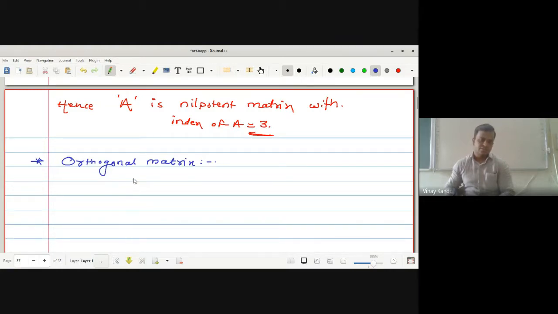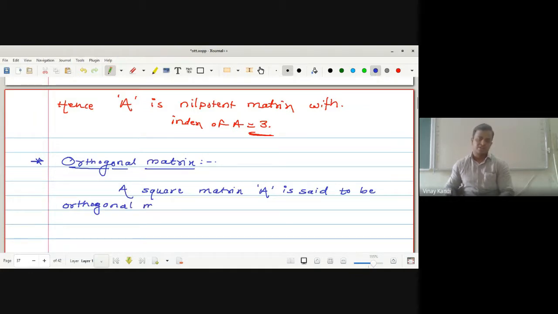A square matrix A is said to be orthogonal if A into A transpose is equal to A transpose into A is equal to I.